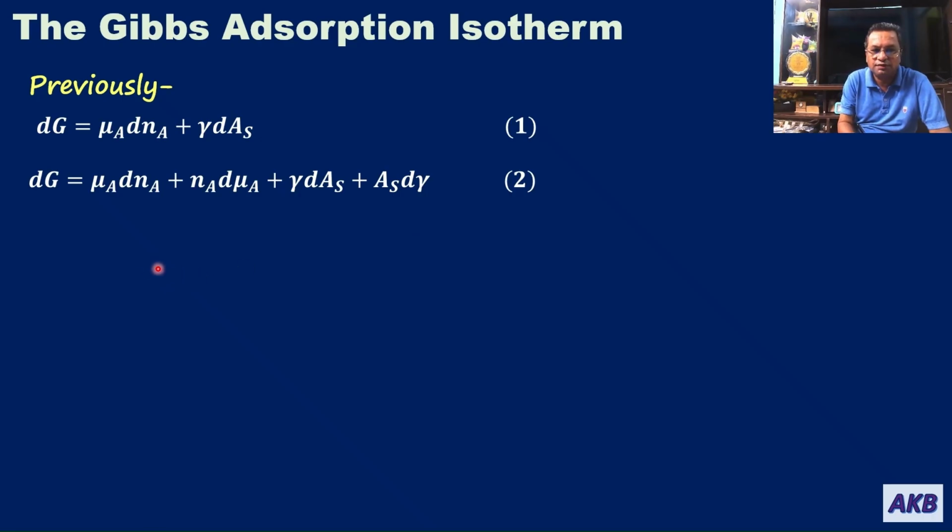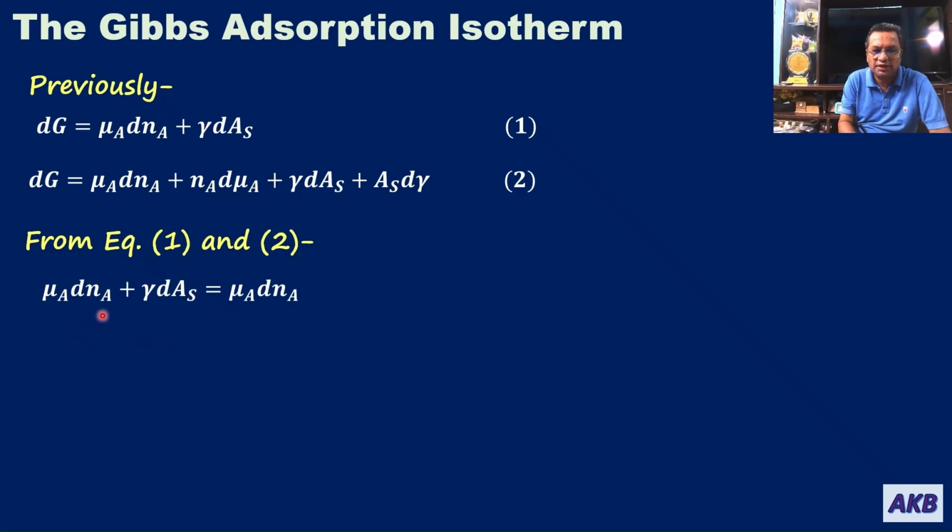Now we are going to equate the right hand sides. So from equations 1 and 2, you get mu A into dnA plus gamma into dAs, the right hand side of equation 1, is equal to the right hand side of equation 2, that is mu A into dnA plus nA into d mu A plus gamma into dAs plus As into d gamma.